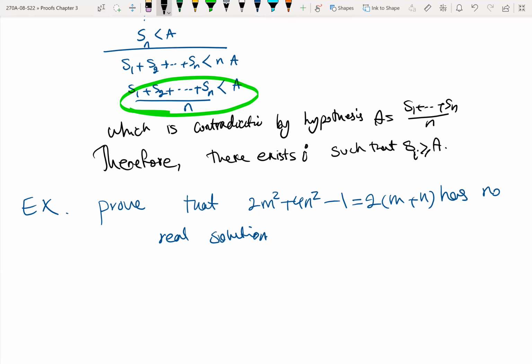I said it's not that complicated. Proof by contradiction.